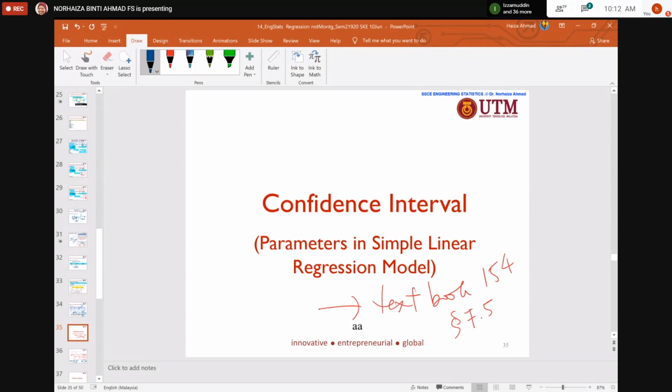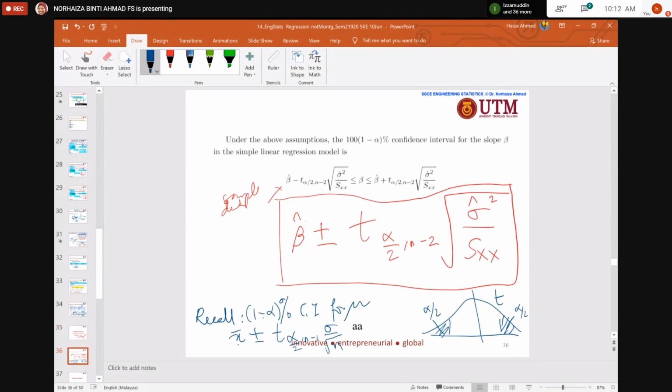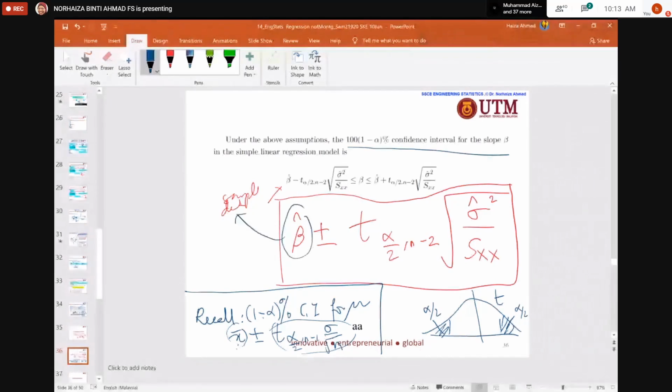Recall when you were trying to find the confidence interval for mu, what you did was you got x bar, the best point estimate for mu, and took x bar plus or minus some margin of error. Similarly, for the confidence interval for the slope, beta, you need beta hat, your sample estimate of beta, plus or minus the error, where the formula is given in your statistics table.